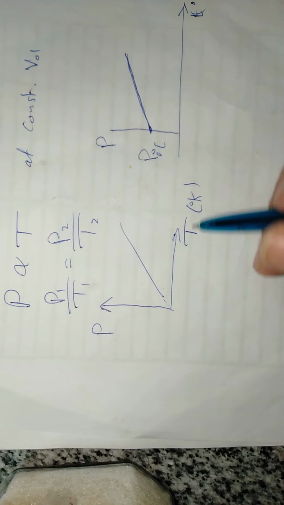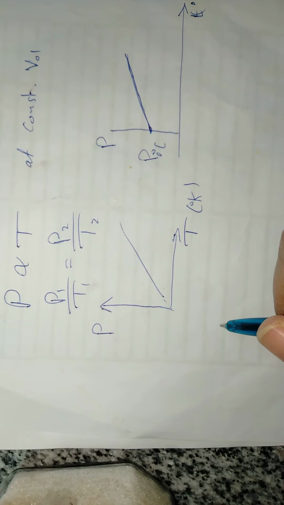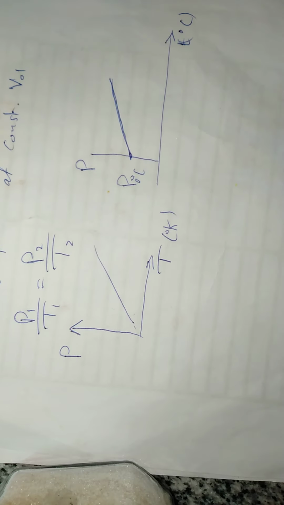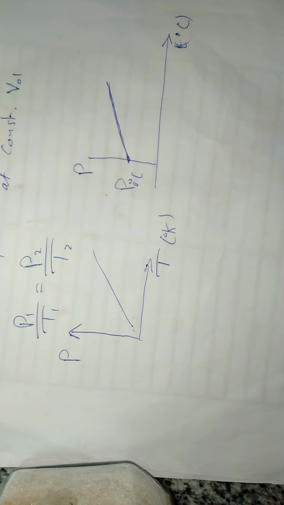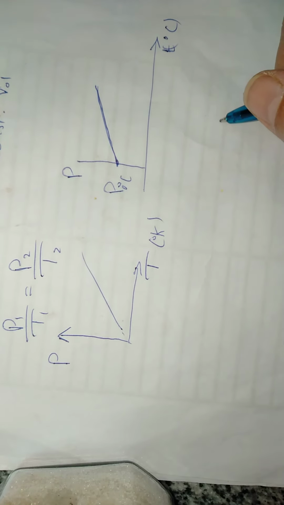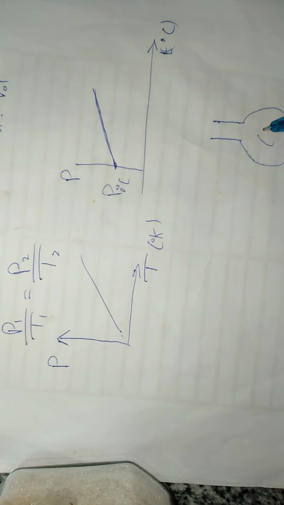And also there is an experiment to prove that equal pressures of different gases expand equally when heated through the same temperature. We put a flask, and this flask contains an amount of a gas, say carbon dioxide.